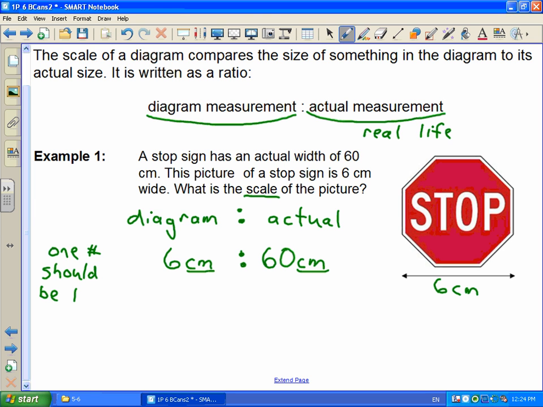So what we're going to do is look for our smallest number. Our smallest number here is the 6. It's much smaller than the 60. And we are going to divide by 6.